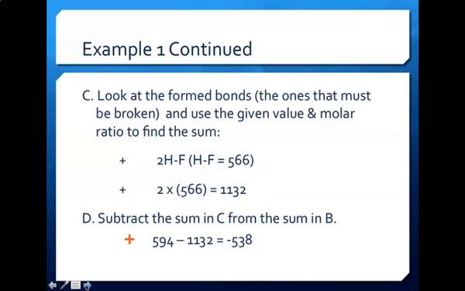So overall, my reaction is exothermic in nature. Even though there's energy going in to break bonds, there's more energy that is released as we are forming bonds, which makes it overall a net change of negative 538 kilojoules per mole. So it's releasing that much energy.